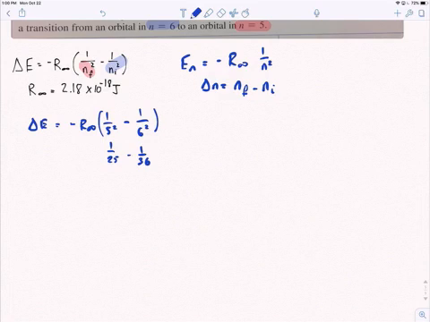This is a positive number, because 36 is a bigger number, so 1 divided by 36 is smaller than 1 over 25. So this is a positive number. And then with the minus, the whole thing is a negative number.